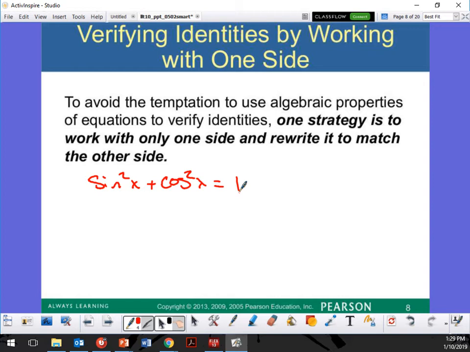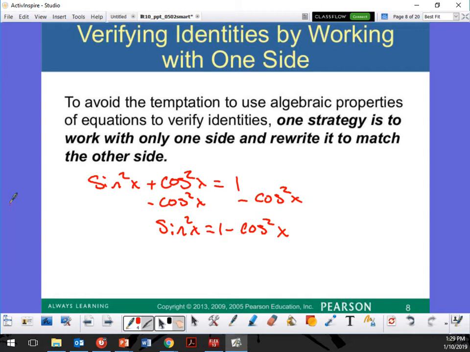What would I do? Subtract cosine squared. So sine squared x equals 1 minus cosine squared x, right? So whenever I see 1 minus cosine squared, I can replace that with sine squared.